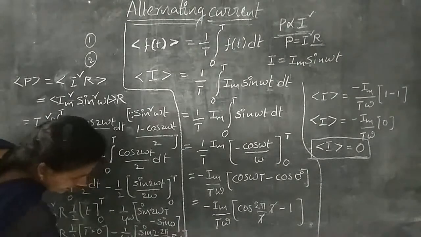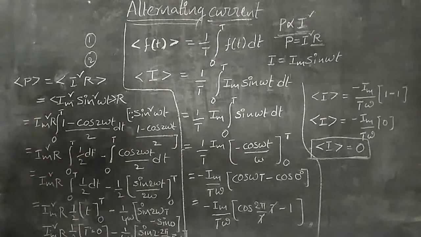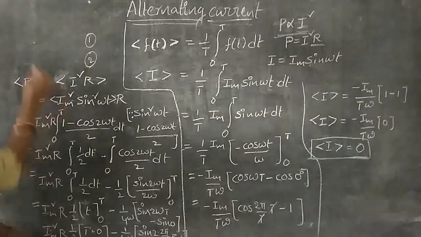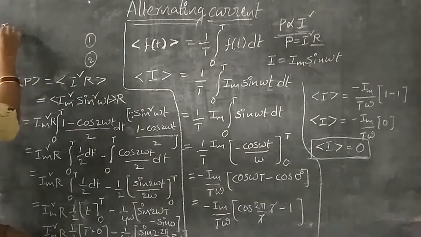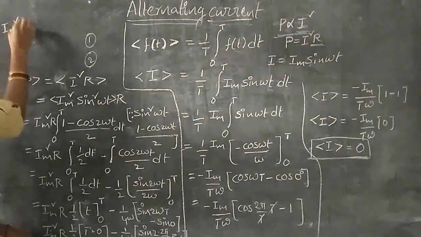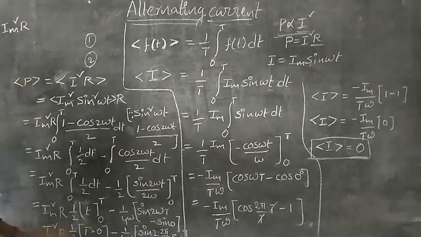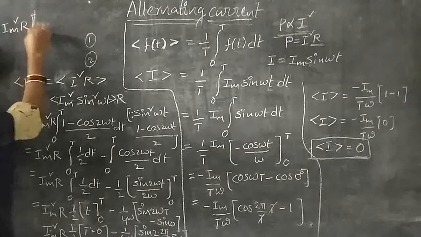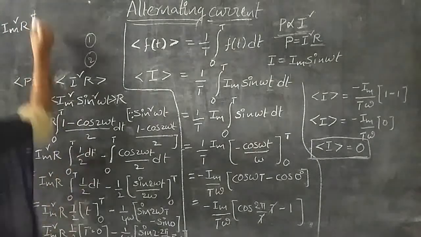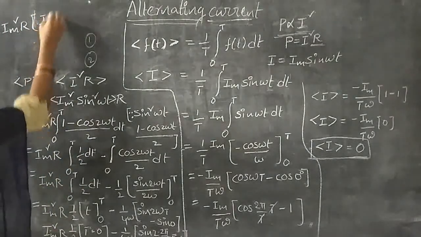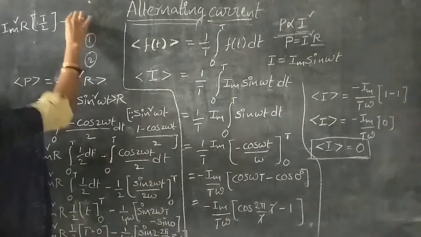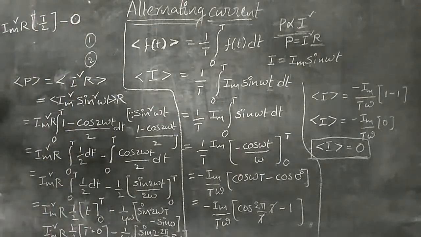T gets cancelled, giving sin 4 pi, which is 0. So Im square R into T by 2, minus 0.